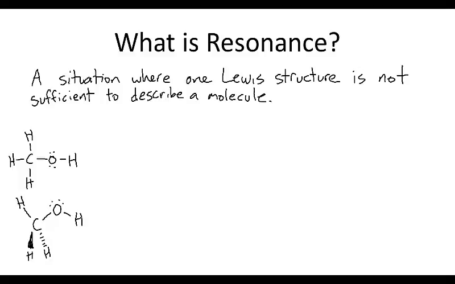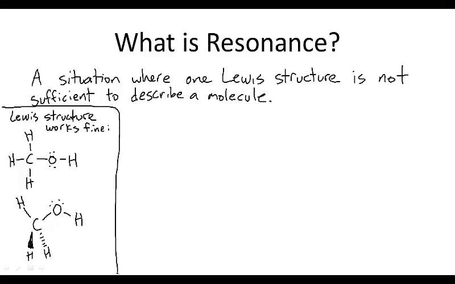So here is a case where the Lewis structure works fine, simple molecules like methanol. When you have resonance, that's a situation where one Lewis structure just doesn't do the job.